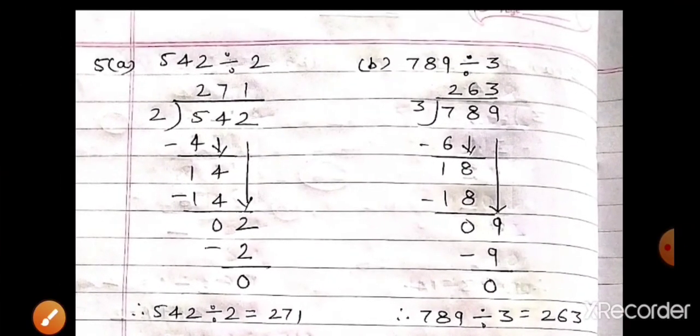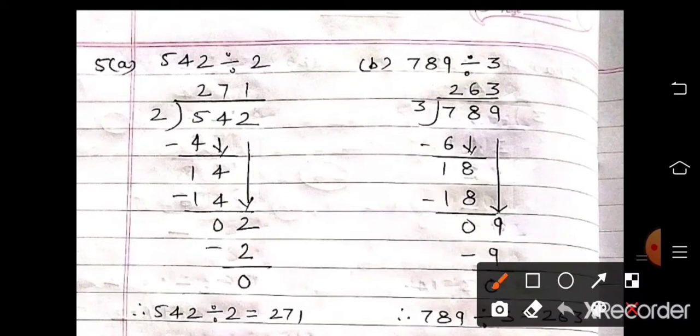Okay, now question number 5. 542 divided by 2. Okay, so first divide like this. 2 2s are 4. So subtract 5 minus 4, 1. Now bring down 4 here. It becomes 14. Now 2 7s are 14. Subtract 0. Now bring down 2 here like this.